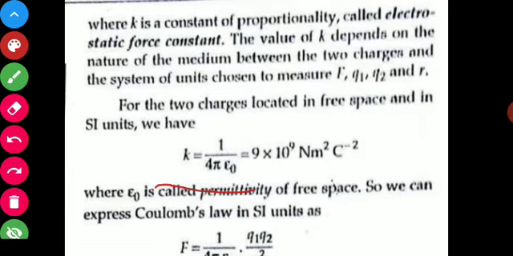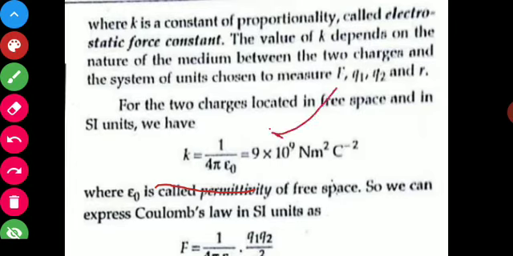If we say free space, it means vacuum or air where there is no medium. The value of k changes with the medium. Suppose the charges Q1, Q2 are placed in air, then the value of k will be 1 upon 4 pi epsilon naught, which is equal to 9 into 10 to the power 9.